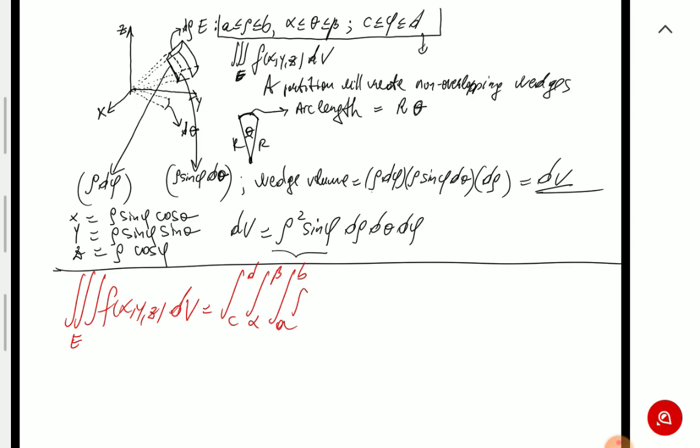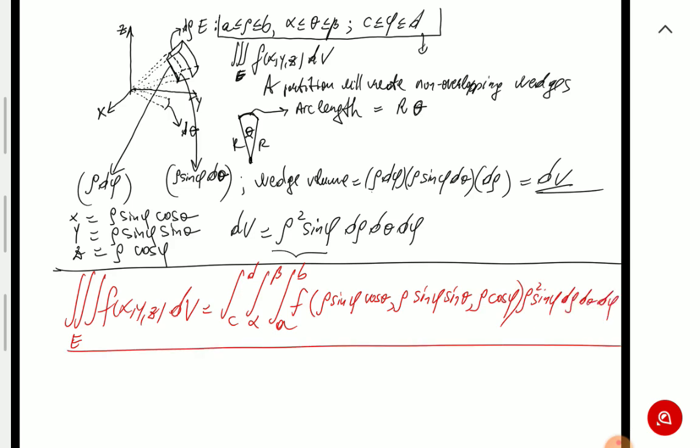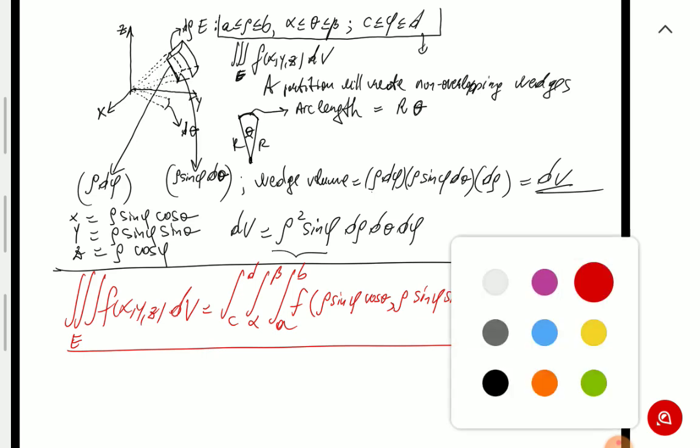Then in the function, you're going to replace x with rho sine phi cosine theta, y with rho sine phi sine of theta, and z with rho cosine of phi, and then dv becomes rho squared sine of phi d rho d theta d phi. I'm going to have to write this on the second page as well. But anyway, this is the formula, and let's proceed with, I think 2 examples should be fine on the next page. So stay tuned for the next page.